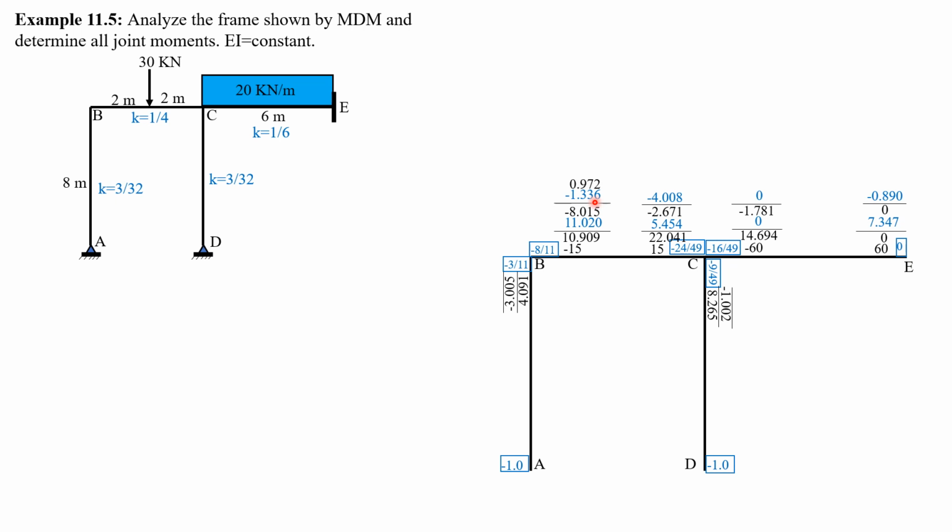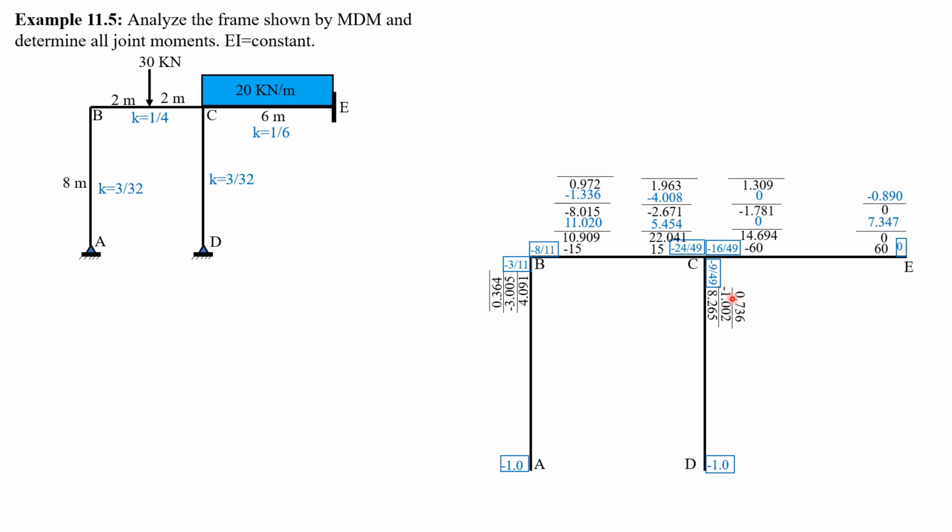Distribute negative 1.336 times negative 8 over 11, 0.972, lock partially. Negative 1.336 times negative 3 over 11, 0.364, lock partially. Negative 4.008 times negative 24 over 49, 1.963, lock partially. Negative 4.008 times negative 16 over 49, put the value here, 1.309, lock partially.